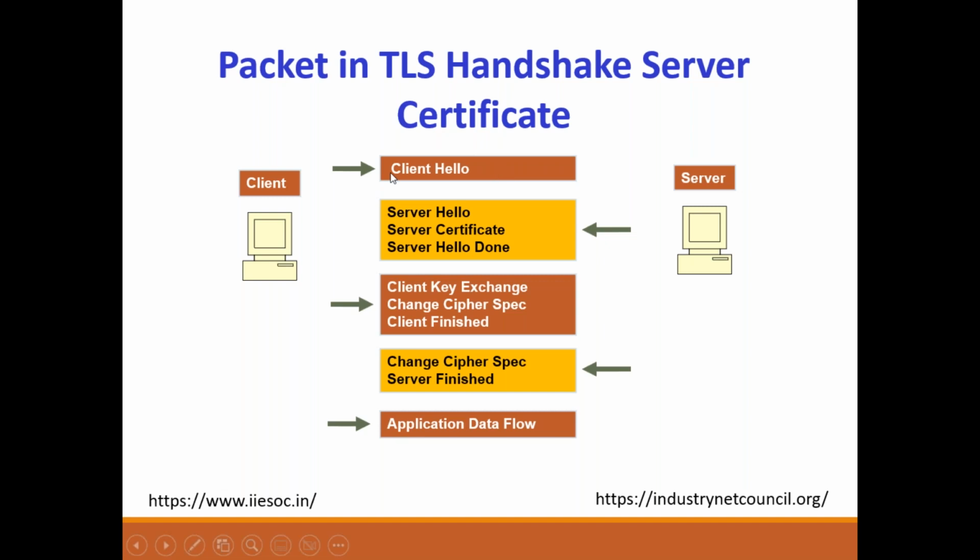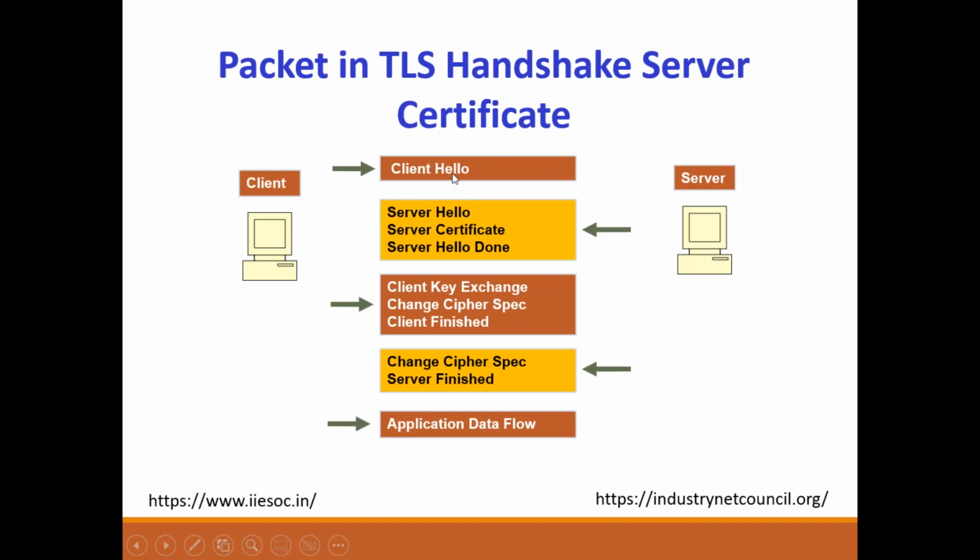Again, we'll look at that in detail, but that's the idea. You send a client hello. The server then responds with a server hello. He says, all right, you wanted to talk to me, here I am. And if they can agree on a number of parameters, then we continue.